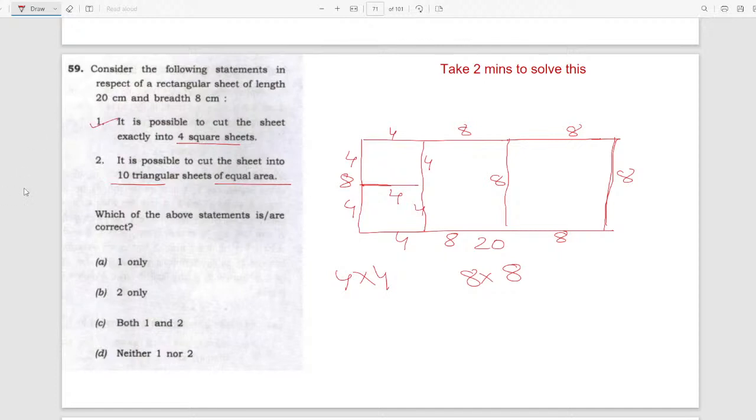Now the second option. Is it possible to cut the sheet into 10 triangular sheets of equal area? You need 10 sheets of equal area. So again, I will take the rectangle. This is 20 and this is 8.